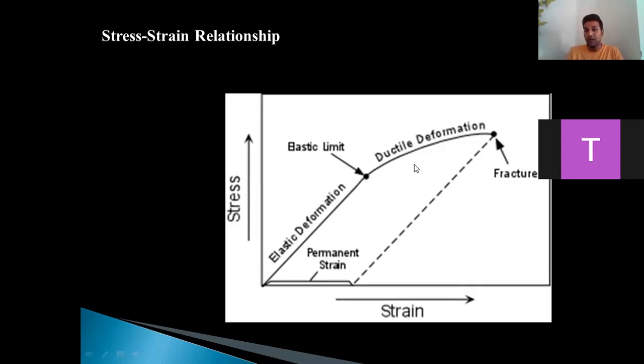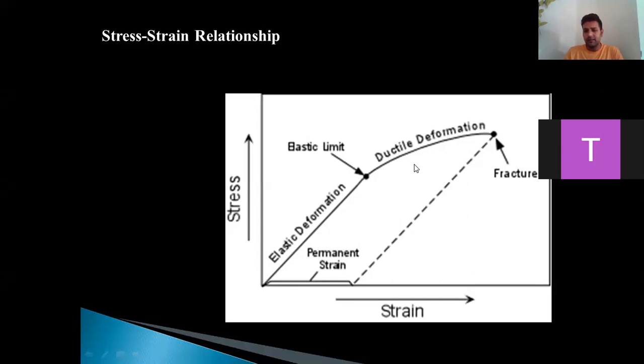But if you cross this elastic limit, then you will enter the plastic deformation or ductile deformation. Here, on removal of stress, you will not get the exact original shape and size, because there is a plastic or ductile deformation in the object, as you have crossed the elastic limit, and it will go up to the maximum point which is called the fracture point or yield point.